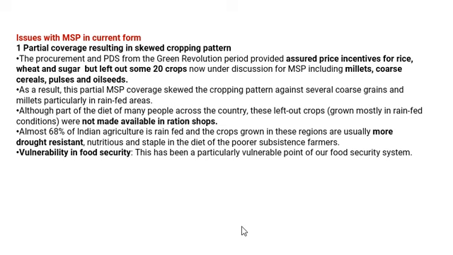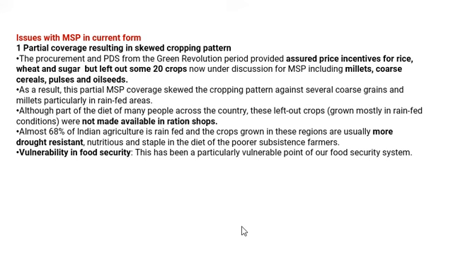That is then distributed through the PDS, that is ration cards. Through ration cards, people are only able to get rice and wheat, not other crops. So the diet is also not well maintained among the people.